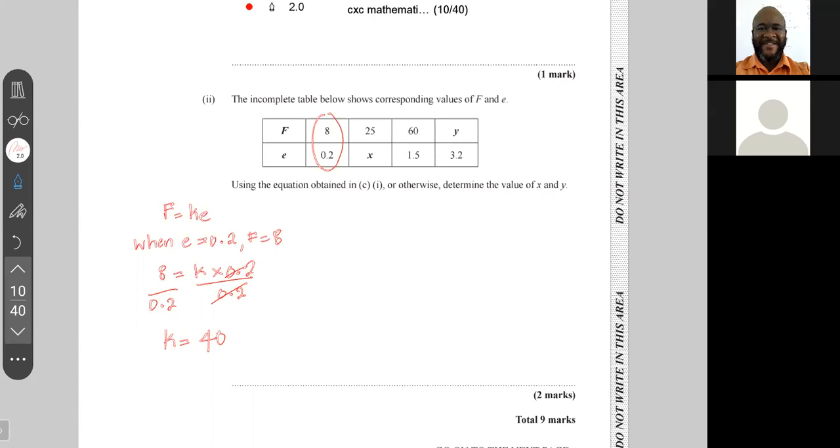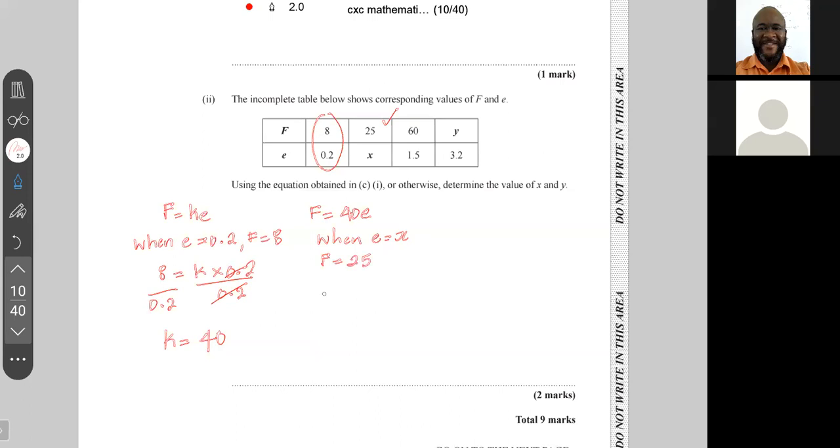Step three is to rewrite the equation and put in the new value of K. The equation is F is equal to K, which is 40 times E. Step four, I'm going to either be given a value of E to calculate F or a value of F to calculate E. Now here, when E is equal to X, F is equal to 25.